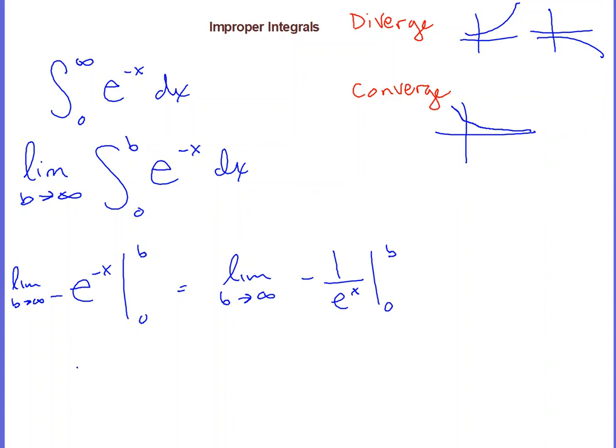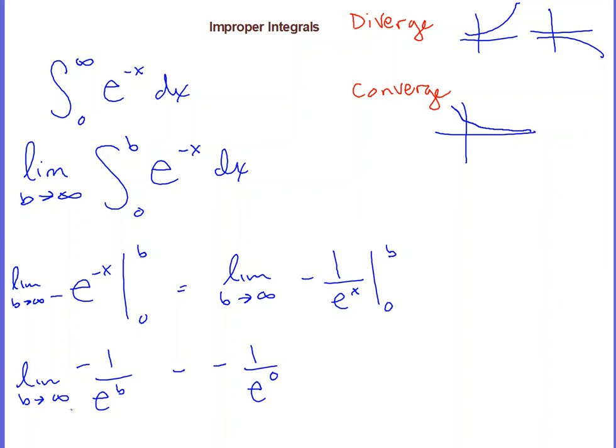Let's put in our b: the limit as b goes to infinity, and then I'm subtracting this negative 1 over e to the 0. I can just plug in 0, but with the infinity, I have to think about the limit.